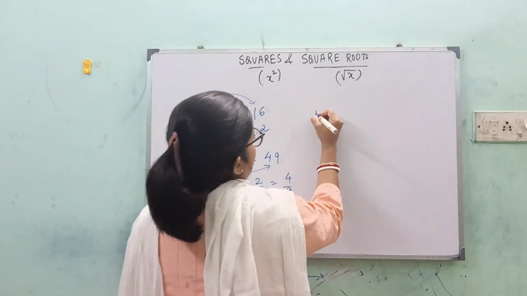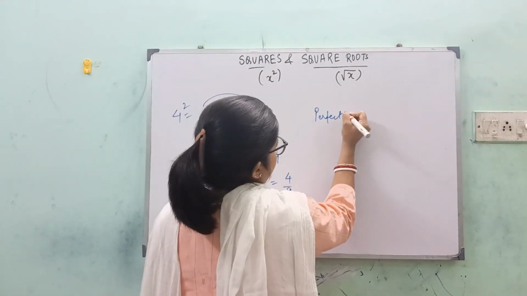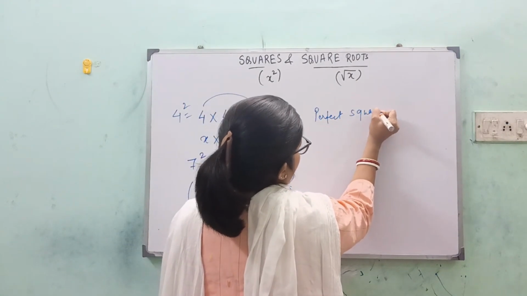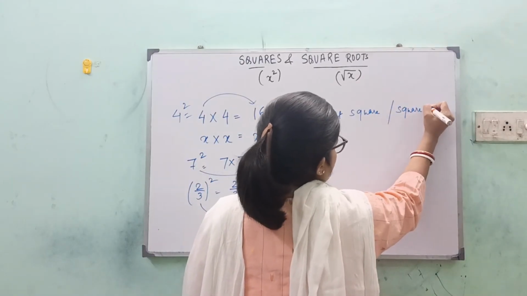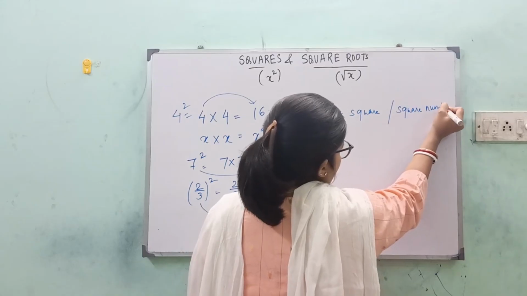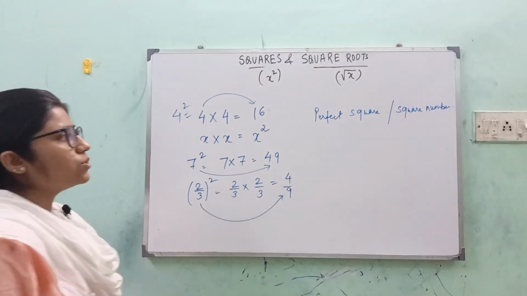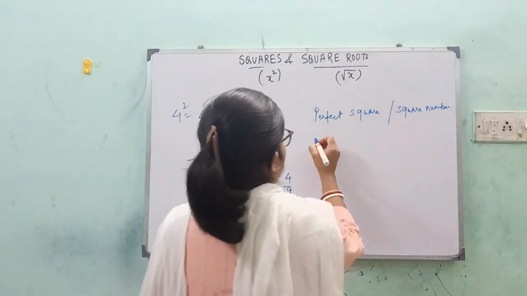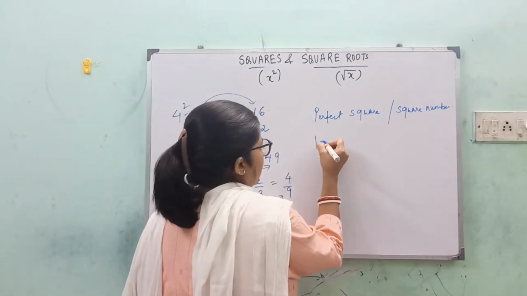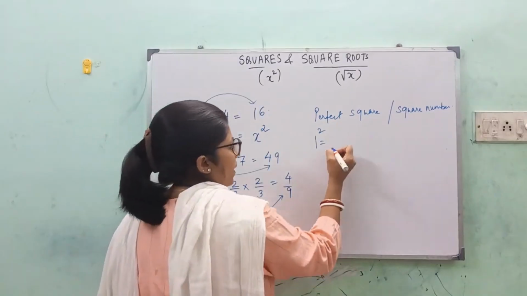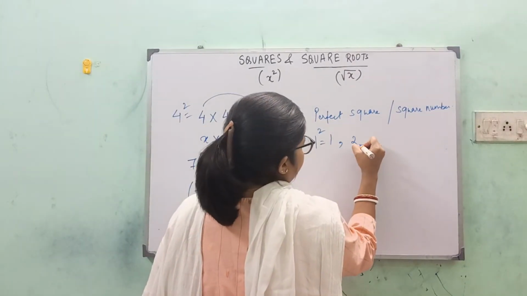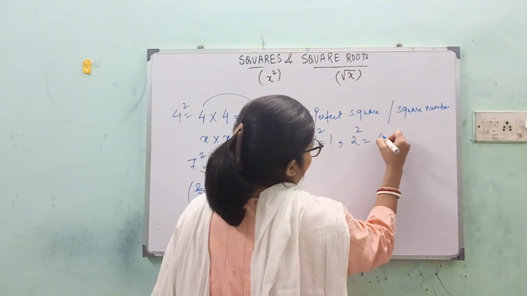Now, the numbers perfect square. There are some numbers called perfect squares, or we can say square numbers. Now what are these? Now we know the natural numbers starting from 1. If I take the square of the first natural number, that is 1 square, its value is 1. The next natural number is 2 square, that is 4.